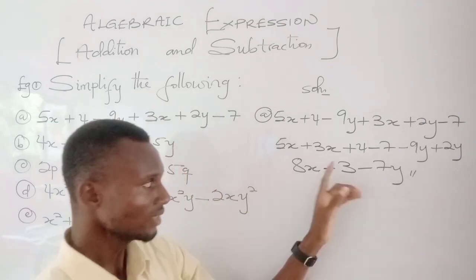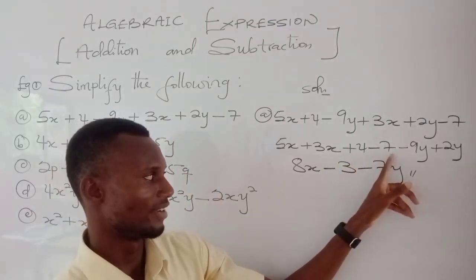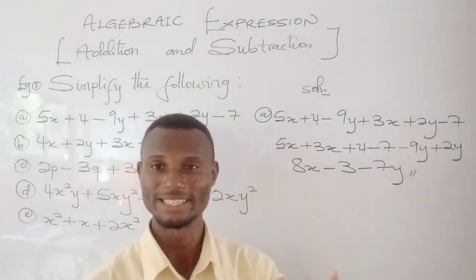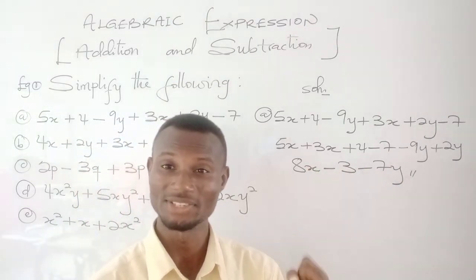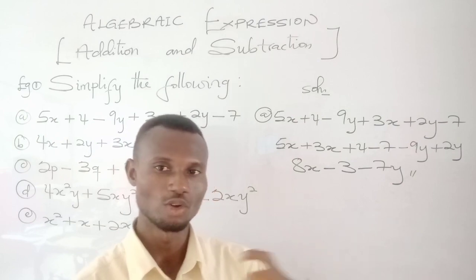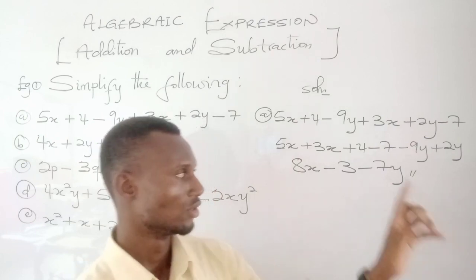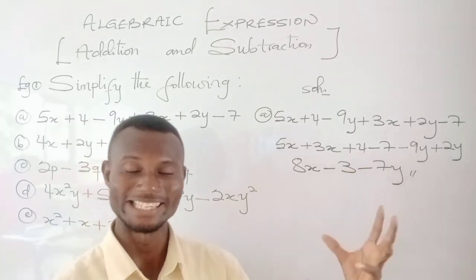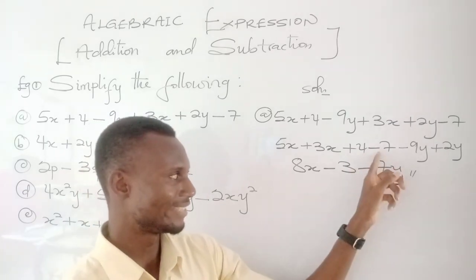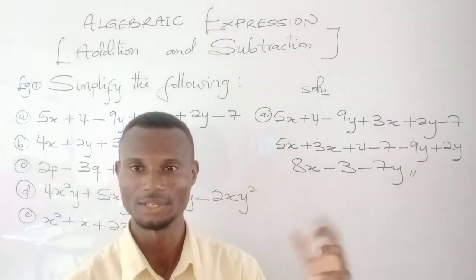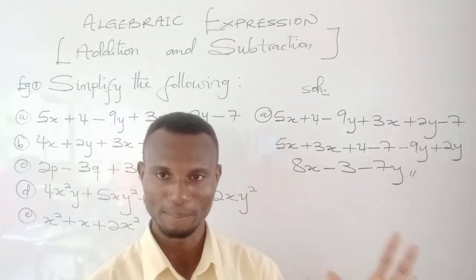Now the 4 minus 7, it gives minus 3. Let me explain. I've already said that consider the positive number as the money you are having, consider the negative number as the money you are owing. So positive 4 here is the money I'm having, negative 7 here is the money I'm owing, and anytime you are owing, you have to pay back.